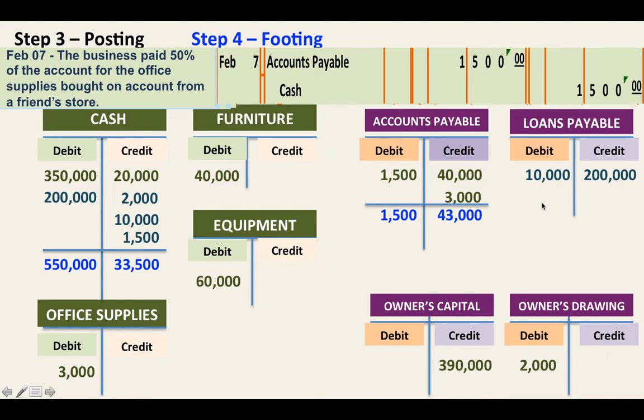Okay, the next thing that we have to do is get the net balance. In getting the net balance, what we have to do is compare the debit and credit totals. The debit total has a higher amount. This is expected because assets should have a higher amount, because the normal balance of assets is debit.